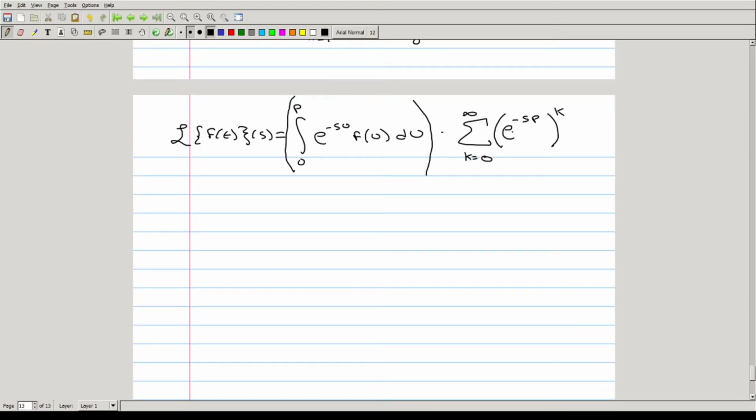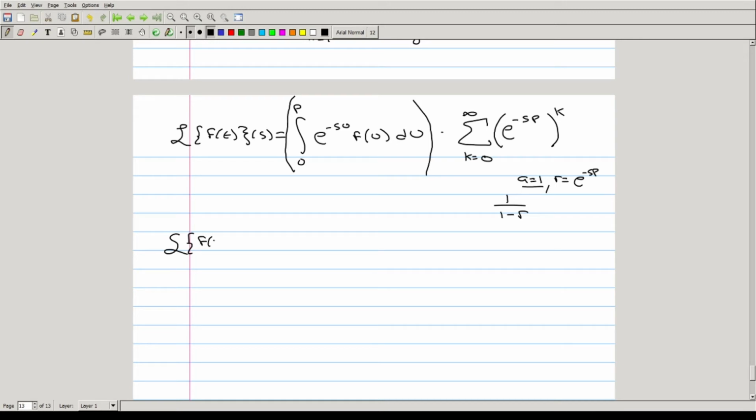Which is an infinite geometric series with a equals 1 and r equals e to the negative sp, which is less than 1. So we know that this is going to converge to 1 over 1 minus r.